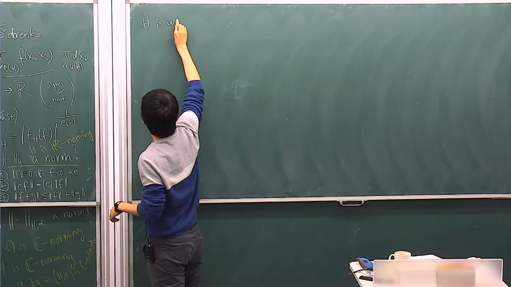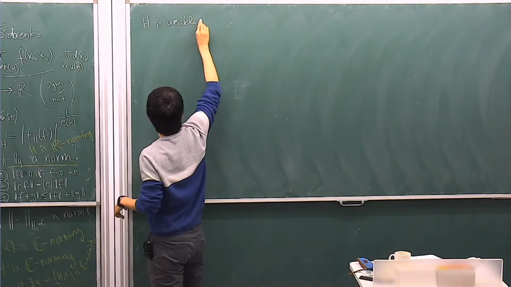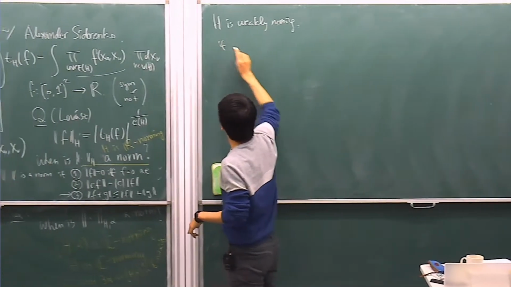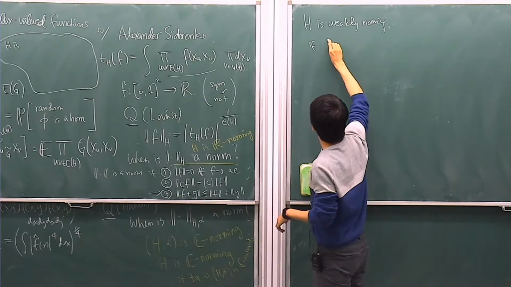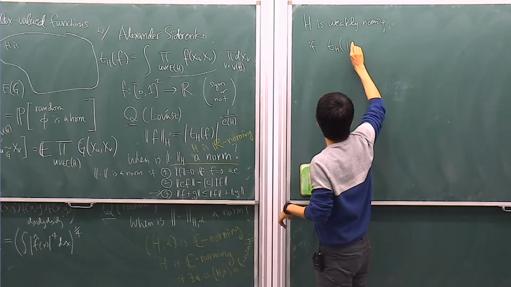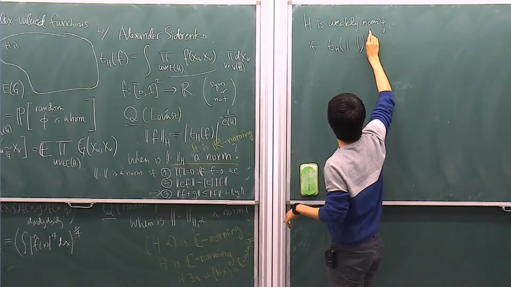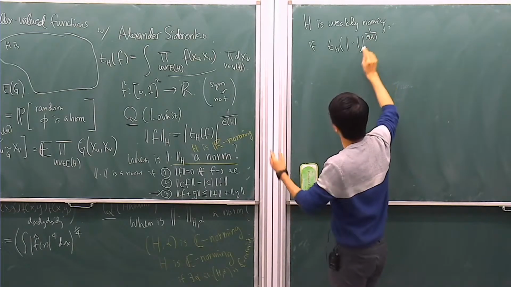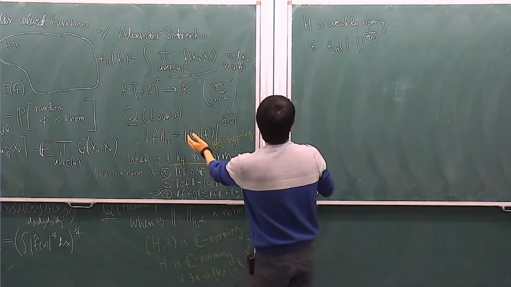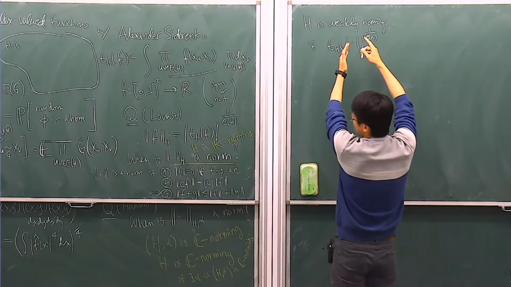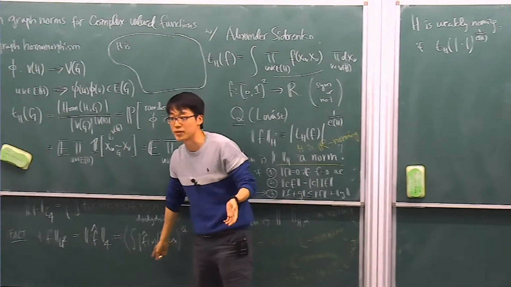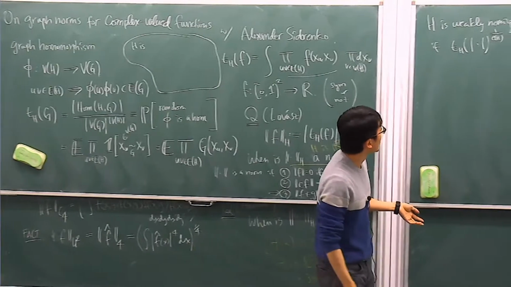H is weakly norming if this is a norm. Instead of taking the absolute value outside of the integral, I can take the absolute value inside the integral, like we do for L^p norms. Okay.